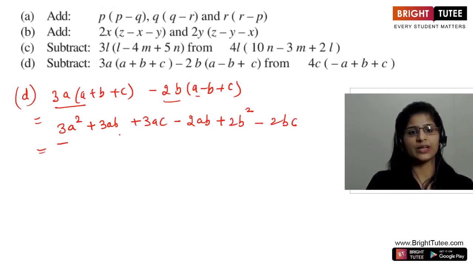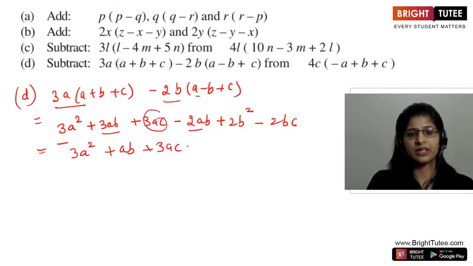So 3a² as it is, then 3ab minus 2ab gives us only ab. Then 3ac we have, then 2b² and −2bc.